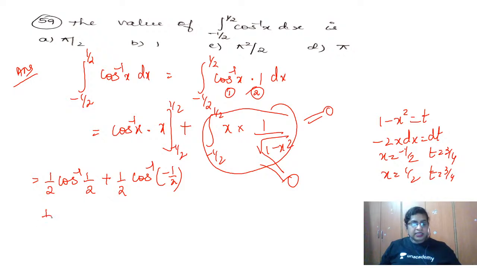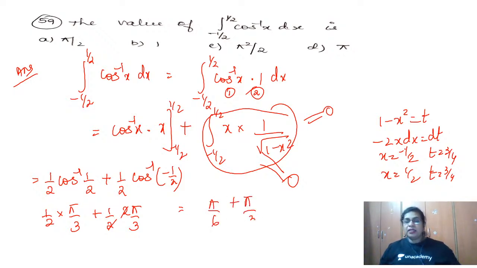So here it is half into cos inverse half is pi by 3, plus 1 by 2 into cos inverse of minus half, so it is pi minus pi by 3, which is 2 pi by 3. Okay, done. So this gets cancelled. So you are getting pi by 6, which is 30, plus pi by 3, which is 60. So your answer is pi by 2 and it is A option.